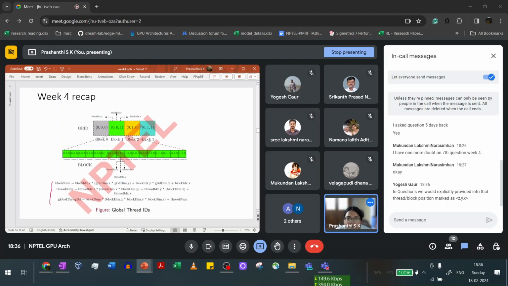So again, in questions we would explicitly provide info that thread block position is marked as ZYX. I think most of your questions don't, right? In week 4, at least the questions that I brought in for this week's, this one didn't have it. So there are two ways that questions will go about this. One is they don't say anything.